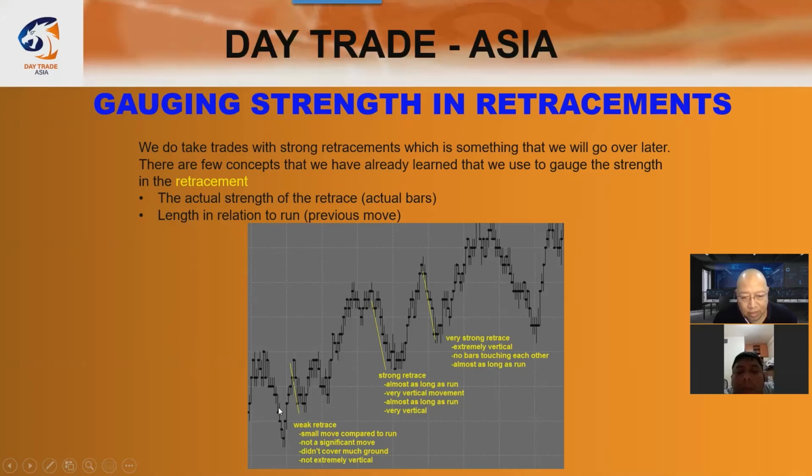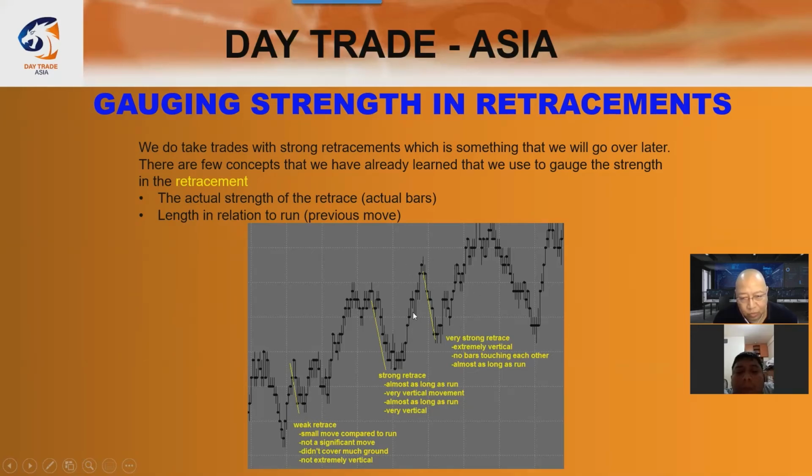As you can see, this retracement is very weak, right? As compared to this. You have this longer-going reversal. Now this is a strong retrace. Why? Because you have the dots going end to end rather than here, very weak.